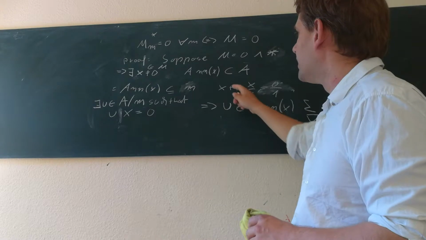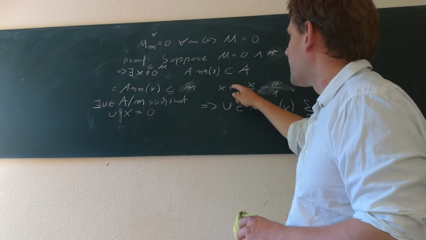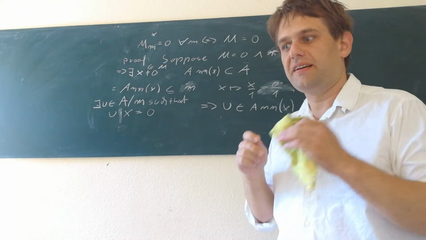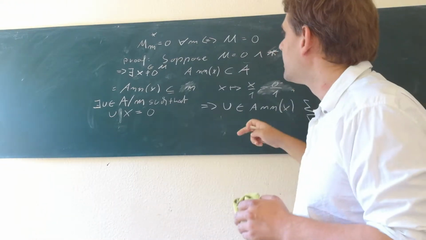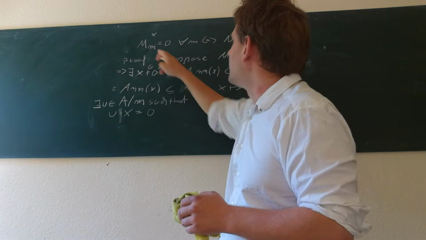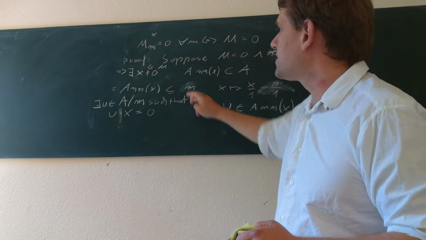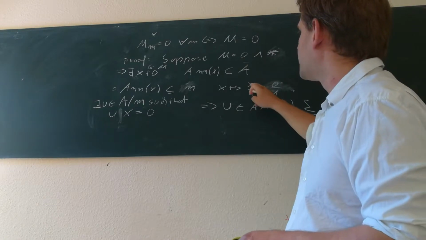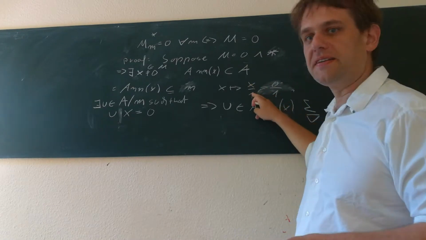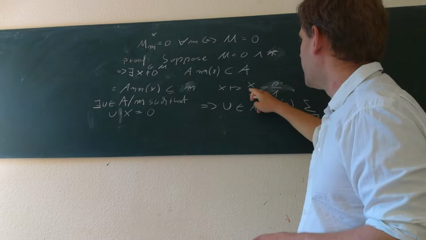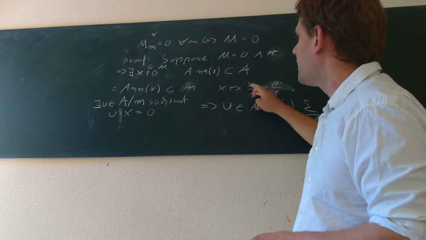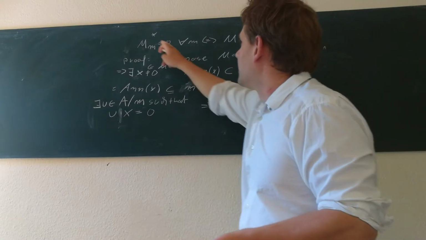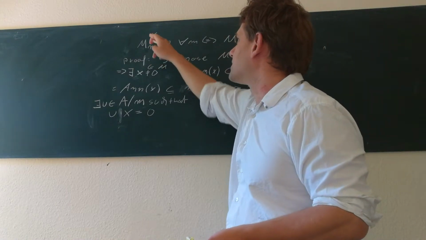And if we now look at where our x gets mapped to when we project it to M localized at this maximal ideal that contains the annihilator, we see that this gets mapped to this element, x divided by 1. And this has to be 0 because we are assuming that all these modules are 0.